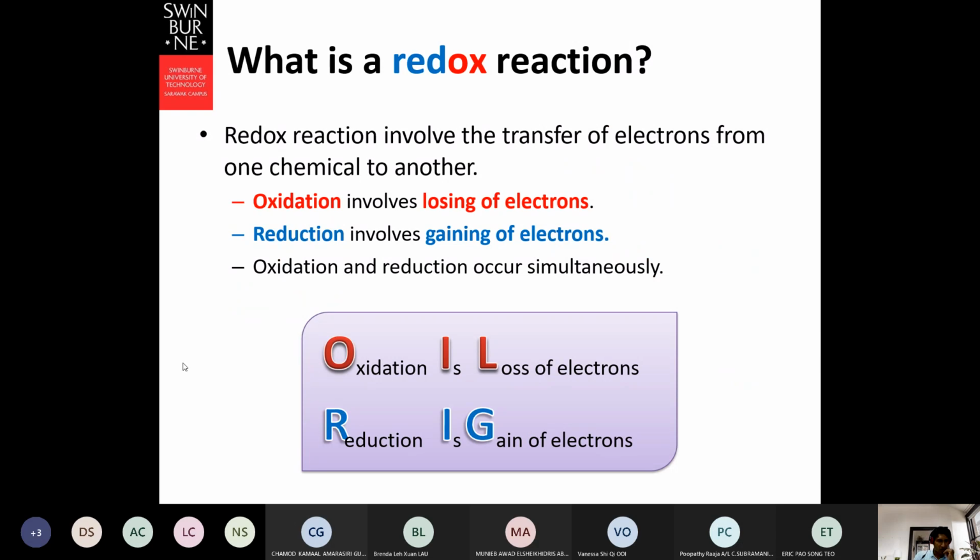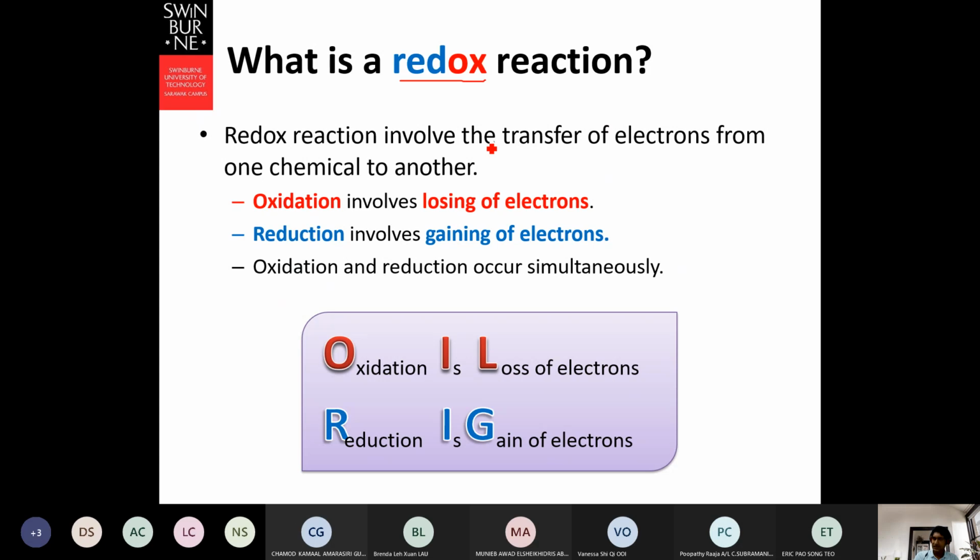So this redox is coming from reduction and oxidation. All right. So together we call this oxidation reduction reaction a redox reaction. So a redox reaction involves transfer of electrons.